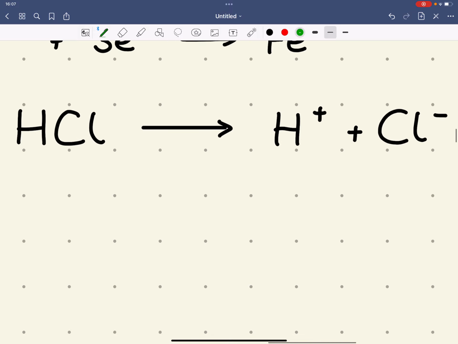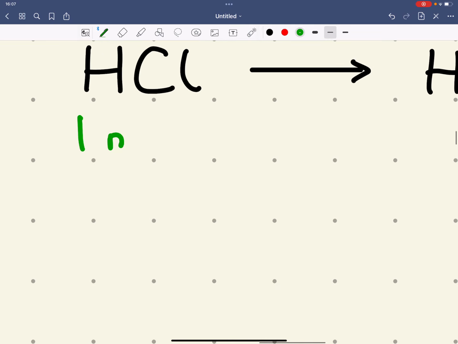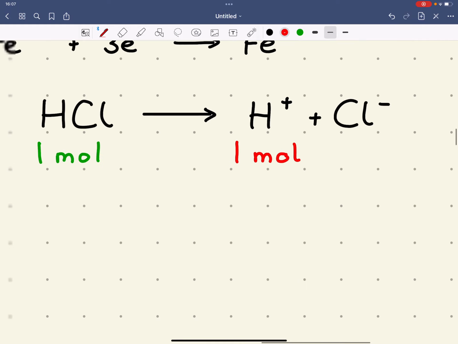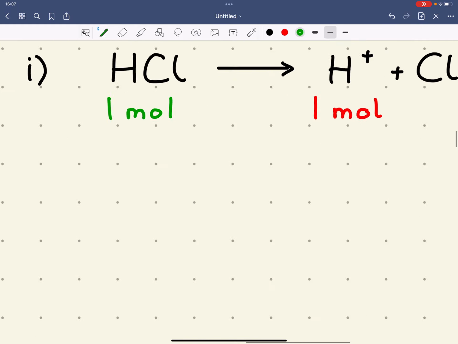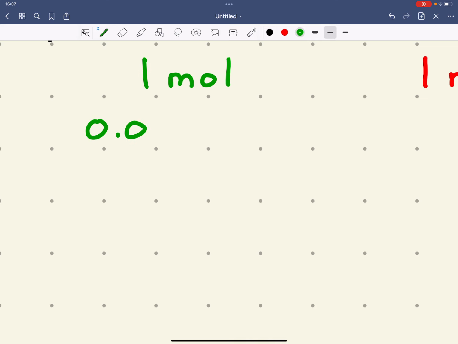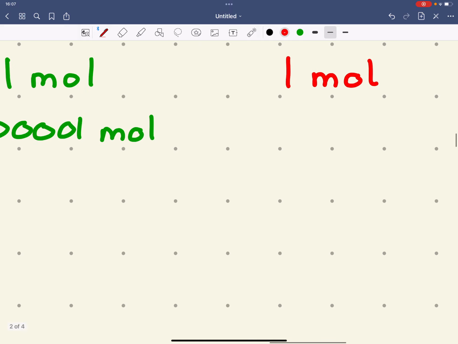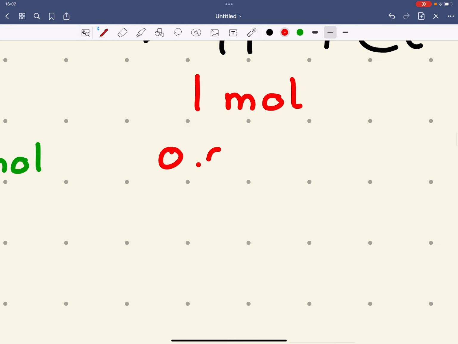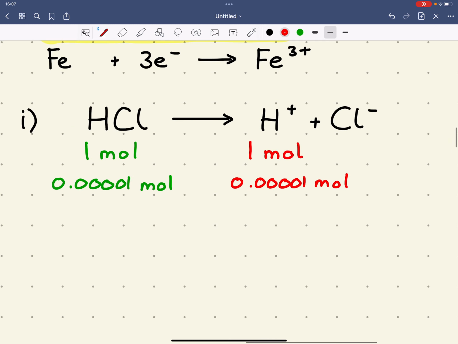And what we're saying then is, for every mole of this that you've got, 1 mole of HCl forms 1 mole of hydrogen ions. But what I have got is actually 0.00001 moles. And therefore, for every mole of hydrochloric acid, I form a mole of hydrogen ions, so I'm going to have 0.00001 moles of H+.